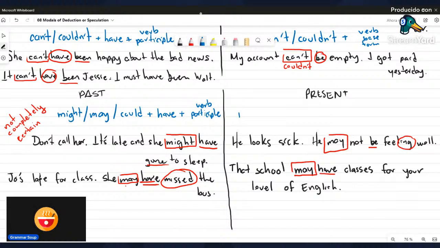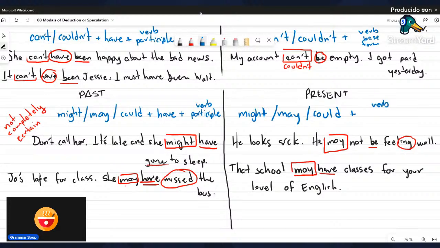In order to do a speculation, I can use any of these modal verbs. Okay, it's coming a little late. It says might, may, and could in here. I hope you guys are following with the notes. And then after that, I need to use the verb in the base form.